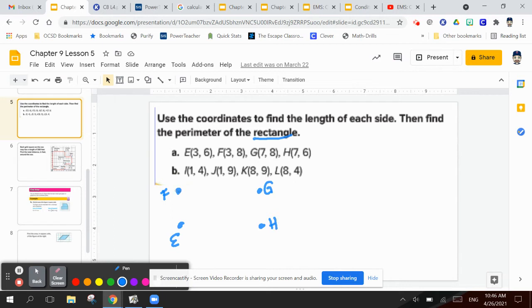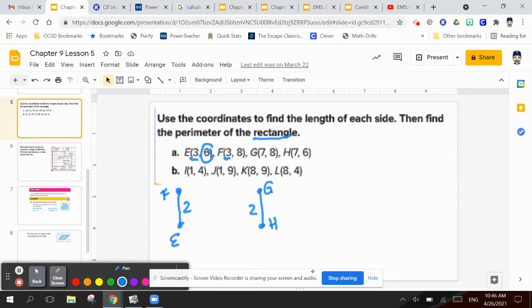So here's my rectangle. If I look at my numbers from E to F, the 3s are the same. So I have to subtract 6 from 8. 8 minus 6 is 2. So I know the length of this is 2, which also tells me that G to H is the same because it's a rectangle.